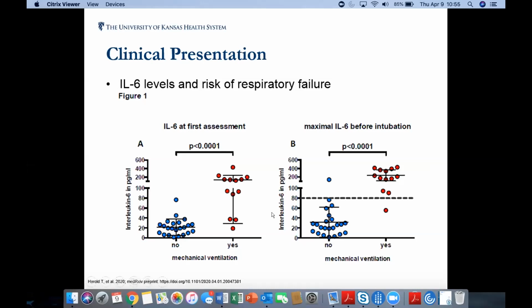Looking at the right-hand part of this slide, you can see that a maximal IL-6 value before intubation of greater than 80 significantly predicted the progression to need mechanical ventilation. Individuals that had a value of greater than 80 were 22 times more likely to need mechanical ventilation than individuals with an IL-6 value of less than 80. So I think this does display how pivotal IL-6's role is in the manifestation of severe disease.